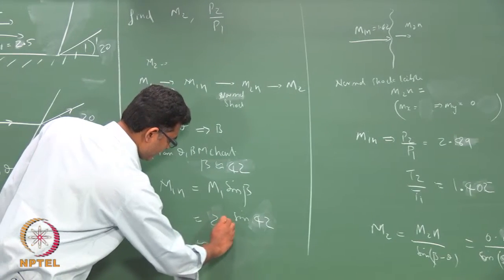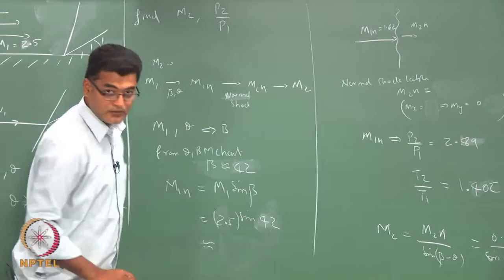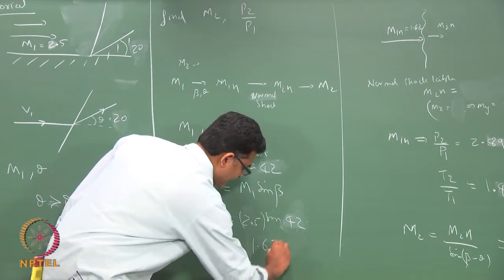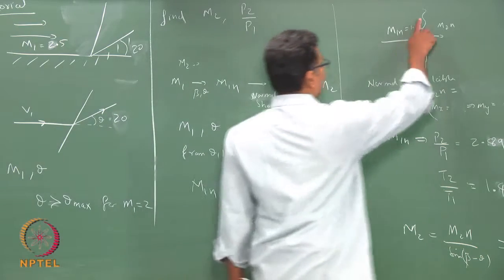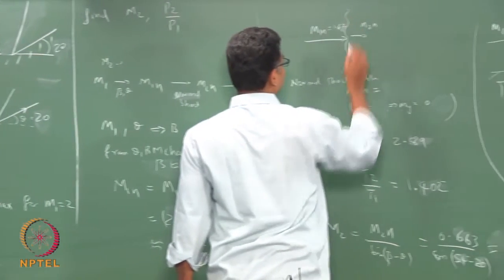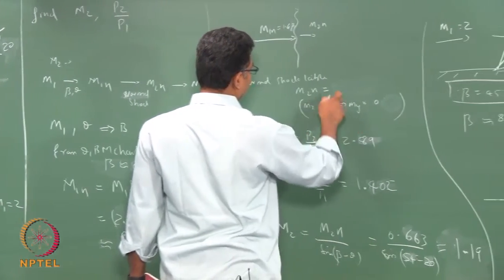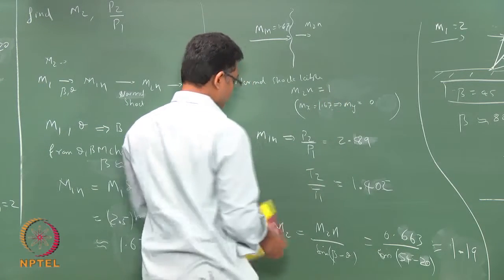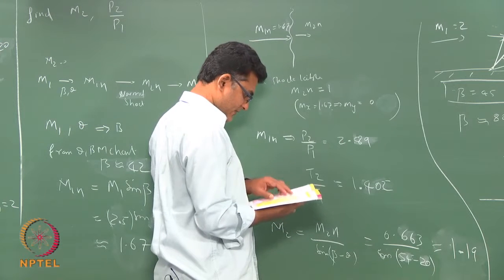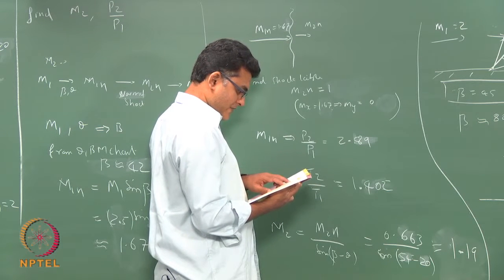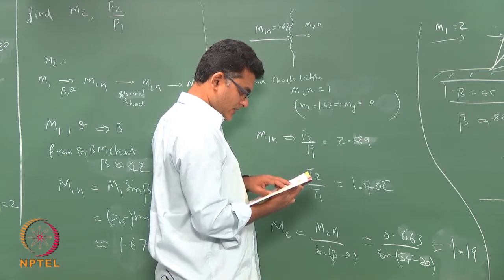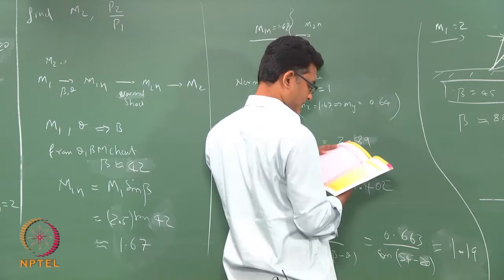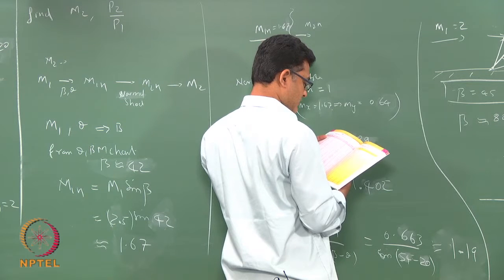So, this is 2.5. M1n is 1.67. So, I look at the shock tables, 1.67, around M2n is going to be around 0.64.